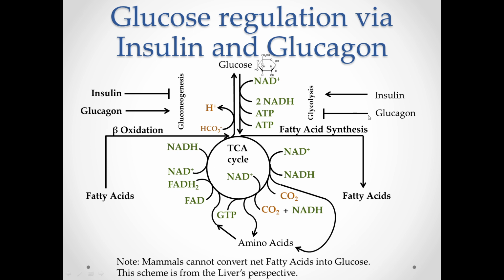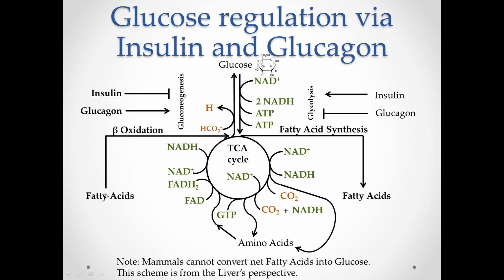And so if I place insulin and glucose on this diagram, what this diagram depicts is that while insulin stimulates glycolysis, inhibits gluconeogenesis, glucagon stimulates gluconeogenesis and inhibits glycolysis.